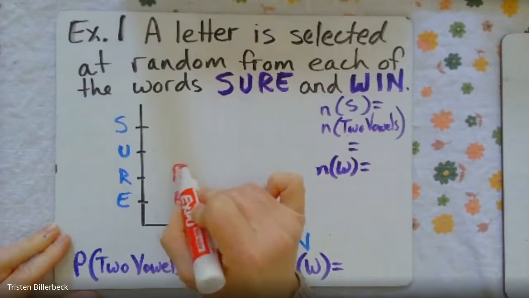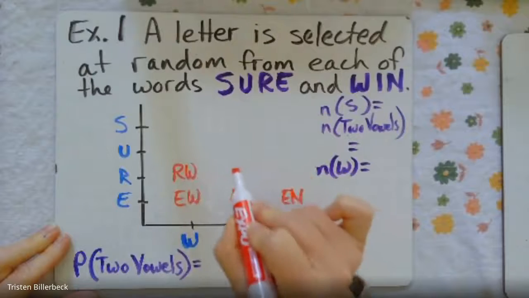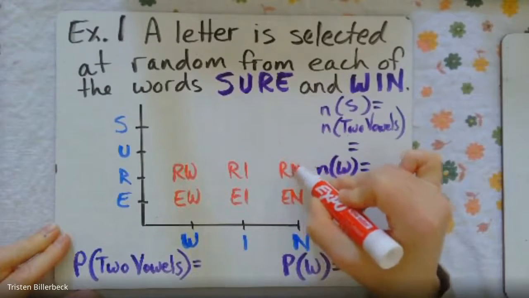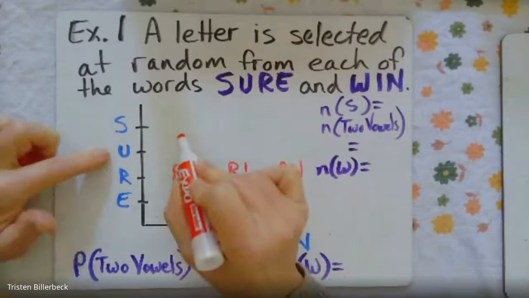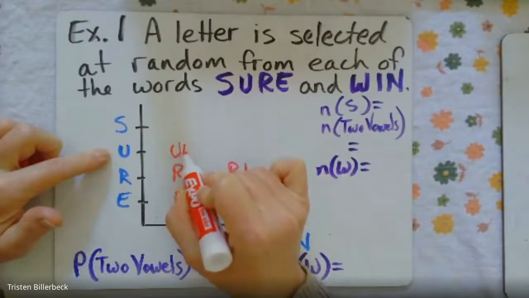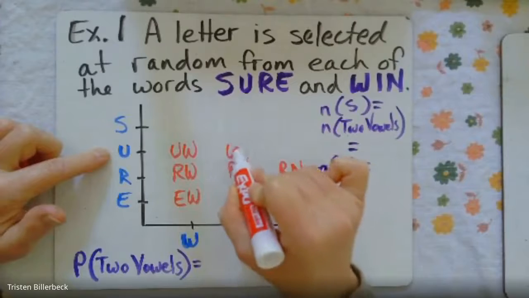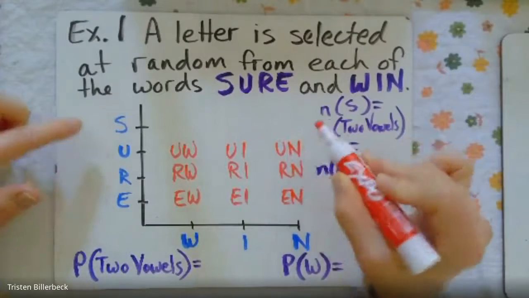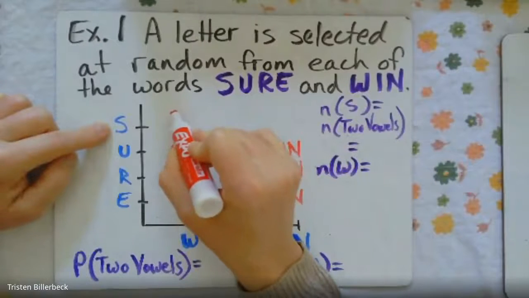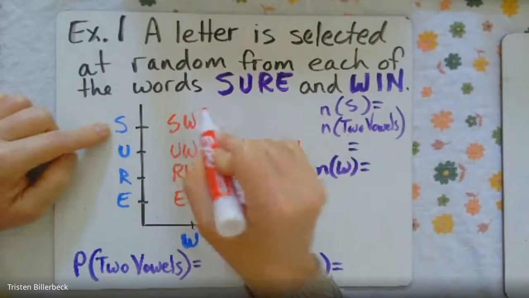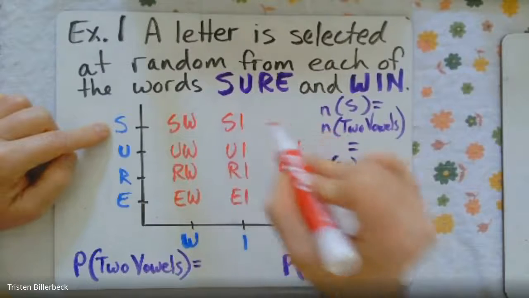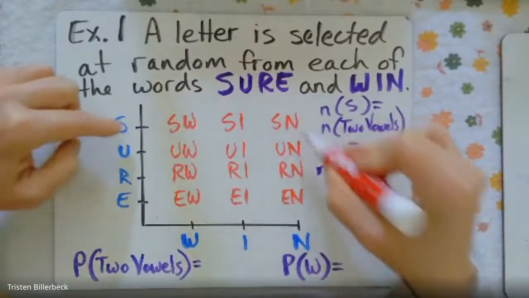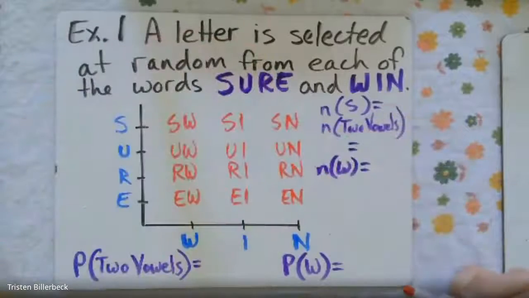Here we would have RW, RI and RN. And here we would have UW, UI, and UN. And this top one, we would have SW, SI and SN. Okay, so the SN combines here.